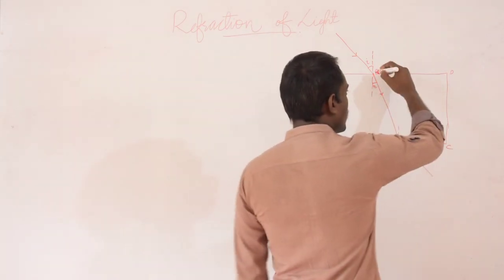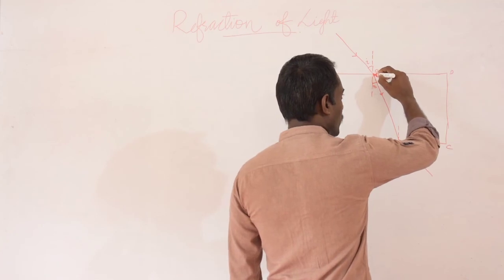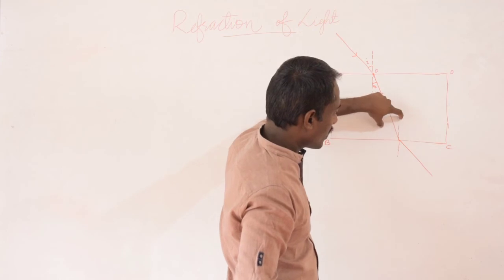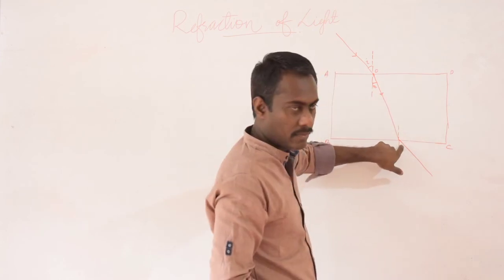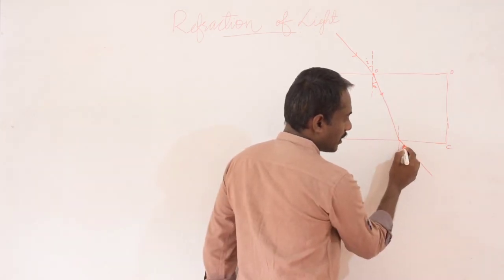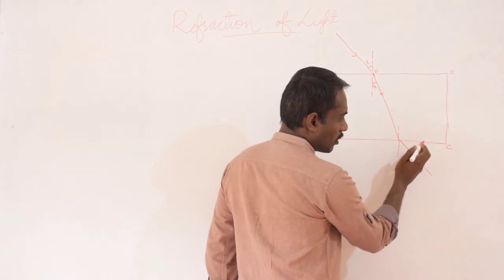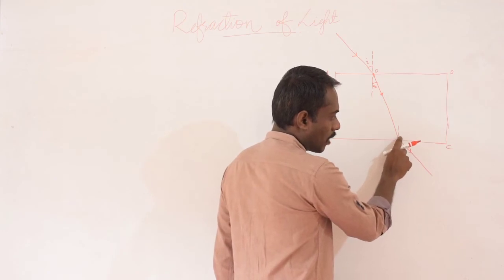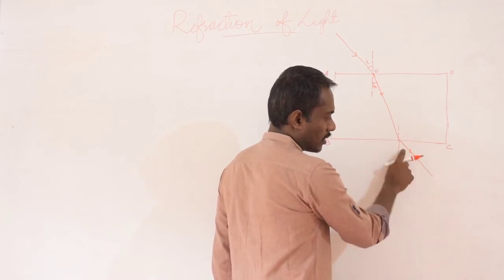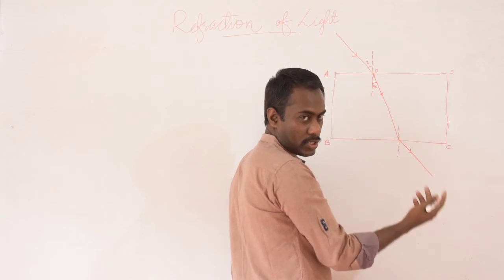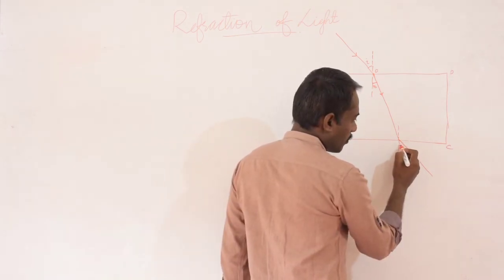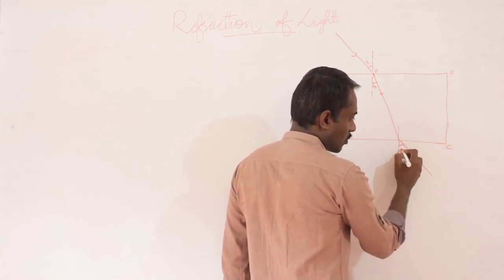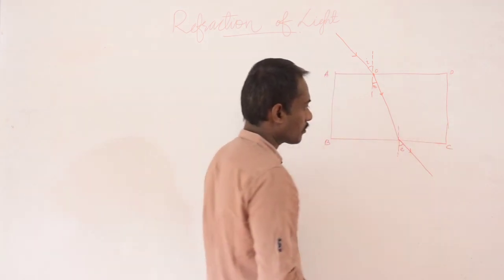This refracted ray acts as the incident ray for the second refraction. The ray coming out of the glass into the air is called the emergent ray, and the angle between the normal and the emergent ray is known as the angle of emergence.